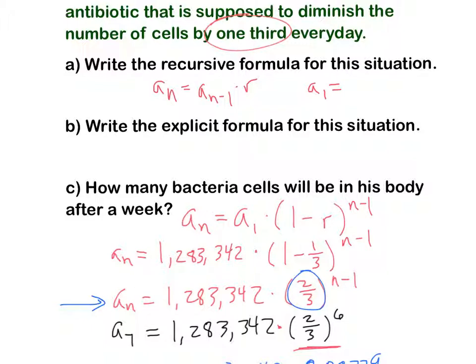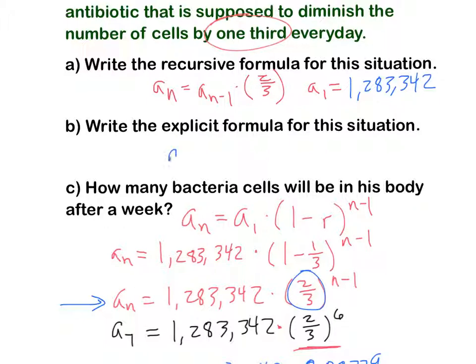So 2/3 is R, so I'm going to erase R and put in 2/3 in its place. And that's because there's 2/3 of it still left in his body after each day. And A1 is that 1,283,342 number that it started at. So that would be the recursive formula.